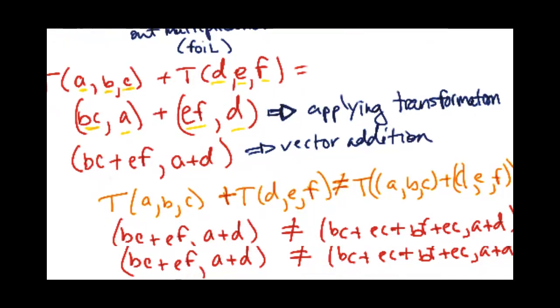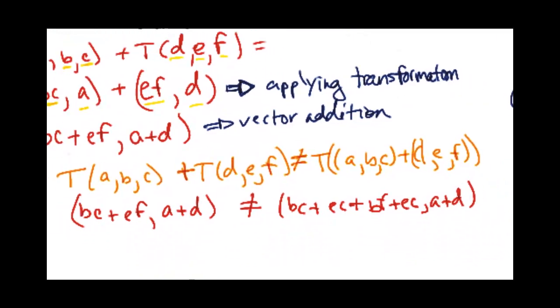And then when you compare the two, you see that they're not equal, right? The individual transformations added together that we just did right there gave us this answer, and the one above, when we did the sum first and then the transformation, we didn't get the same thing. So that tells you that we are not preserved under addition.